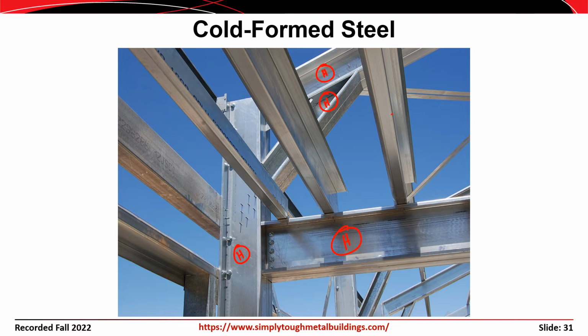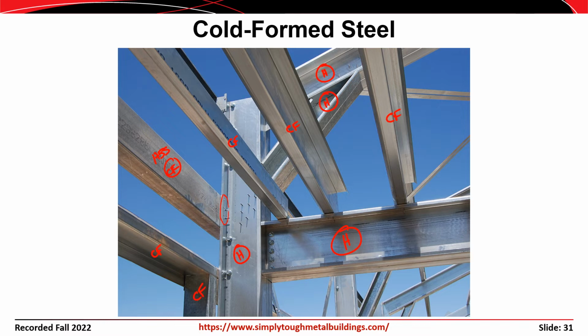And then these sections here are cold formed steel members that are used as secondary members. I don't know if this could be an HSS here, or it could be a cold formed section. I can't see the backside to know for sure. It's screwed in, so it's probably a cold formed section. And then here is a tray for cold formed and then a stud.